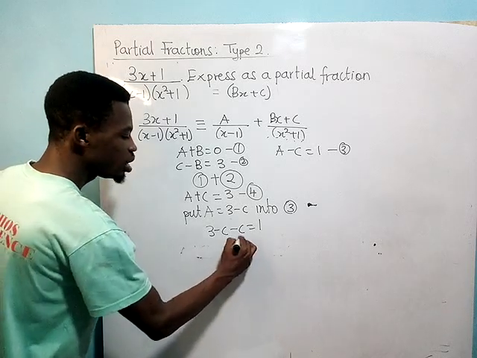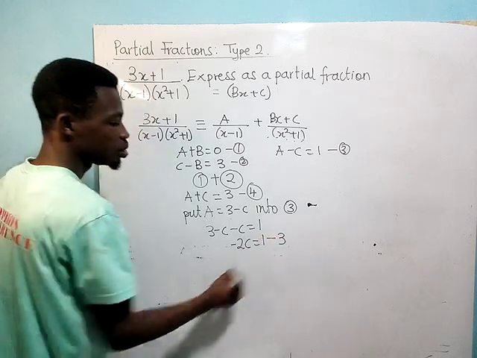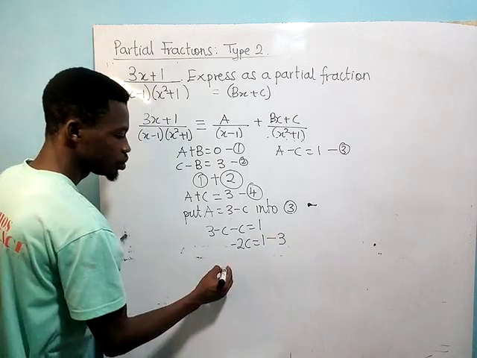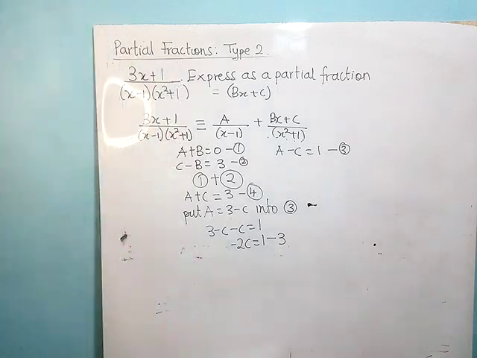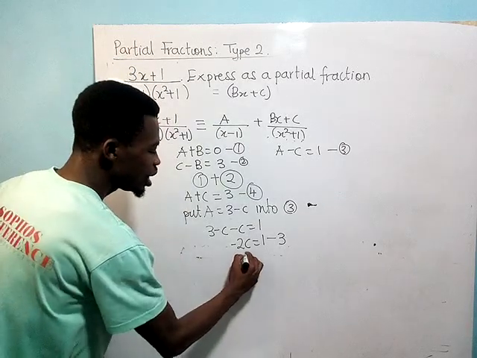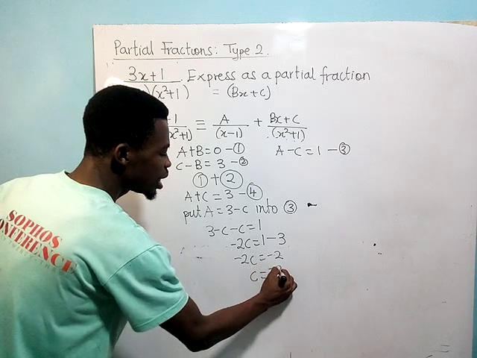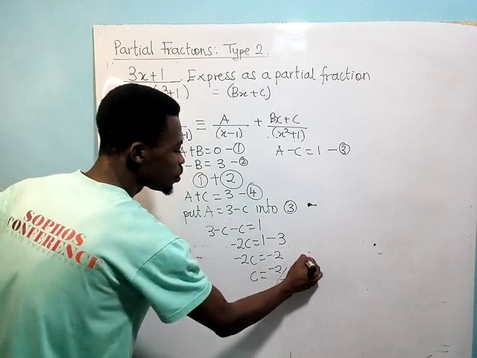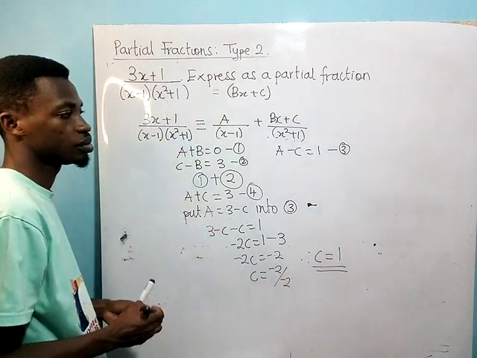Now we obtain −2c = 1 − 3, then negative 2c is equal to negative 2. Our c is negative 2 over negative 2. Therefore, c is equal to positive 1.